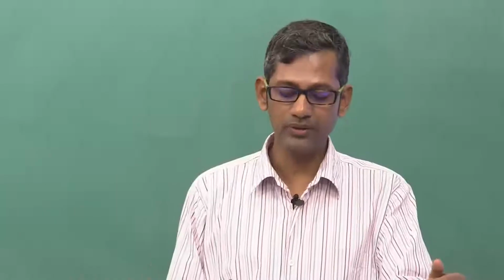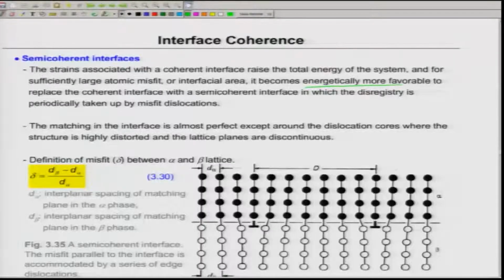If the bonds are getting distorted too much across the interface, it is better for the system to create a few dislocations along the interface, so that this distortion can be accommodated. At other places a complete lattice registry can be maintained.